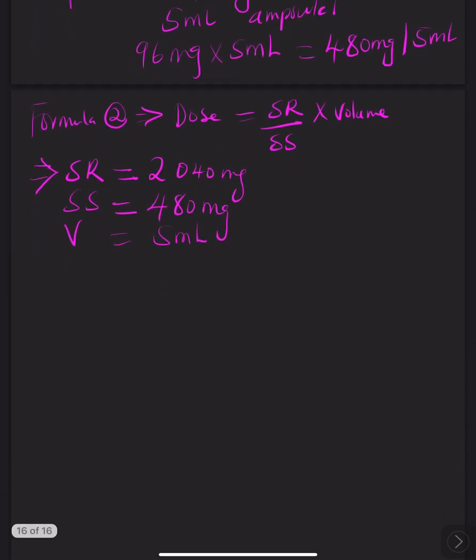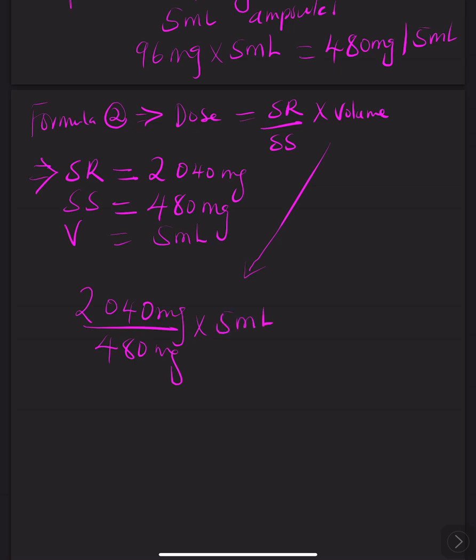So we should be able to just put in what we need. Working with that formula, we'll say 2040 mg divided by 480 mg, then you multiply by 5 mils to see how much volume you need for this question.